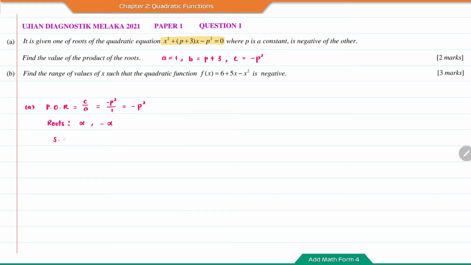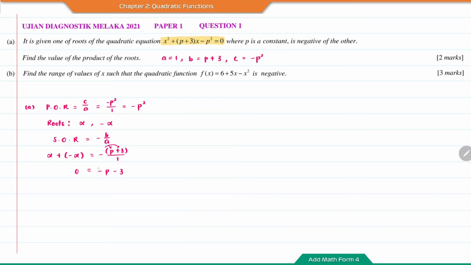Now, using the sum of roots, which is negative b over a, the sum of roots here will be alpha plus negative alpha. So b here is going to be the p plus 3 over 1. So alpha plus negative alpha here is actually equal to 0. And here, if you expand it, you're going to have negative p minus 3.